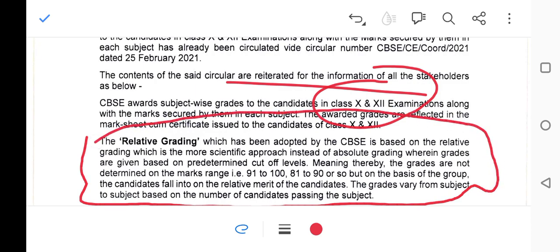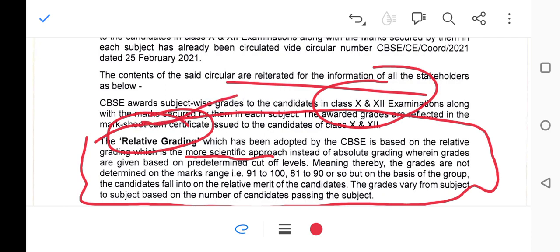The grading adopted by CBSE is relative grading, which is more scientific as compared to absolute grading. Here is the difference. Absolute grades will not be given to any students.